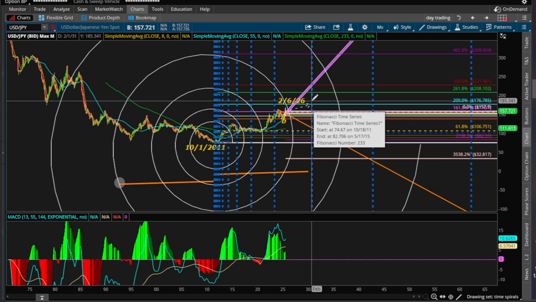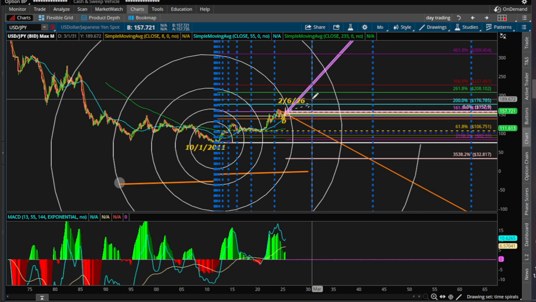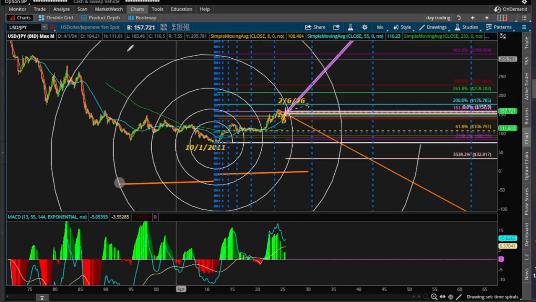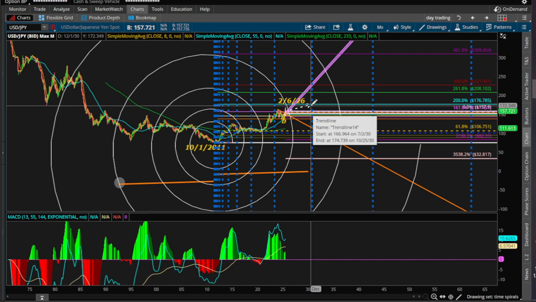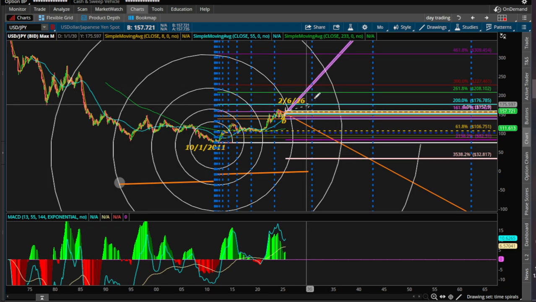Actually, I don't know why it doesn't pop up as a date, but if I look over here, it shows me the date. So anyways, that series is what I'm going to be looking at in the long-term future.